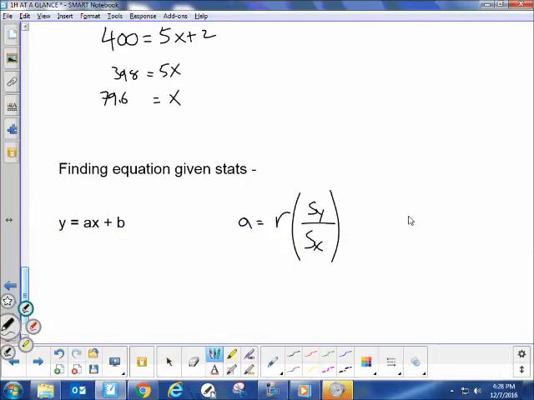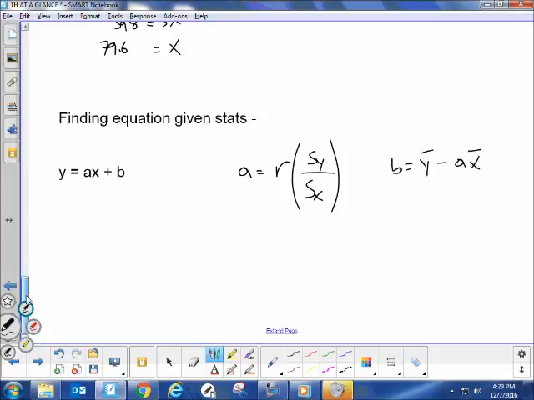And the B, we can calculate by finding A, and then taking our y bar and our x bar and plugging that in: B is y bar minus A times x bar. Okay, those are formulas that you will be given, you'll be able to use.